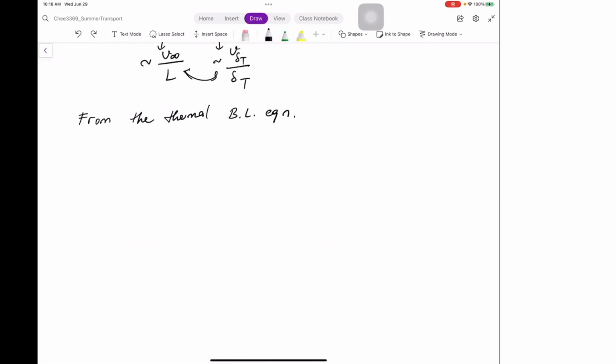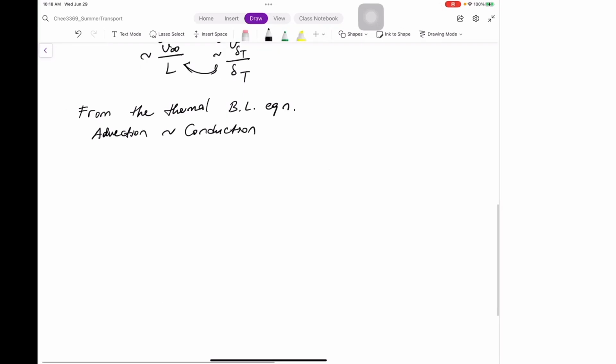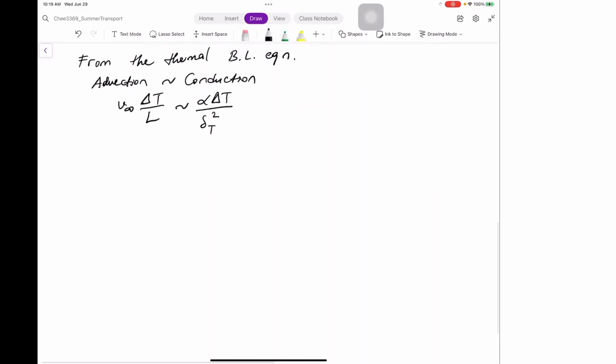So your thermal boundary layer equation tells you that advection is approximately conduction, right? In other words, V infinity delta t over L is in the order of alpha delta t over delta t squared, right? And you can actually get a sense of the delta t over L.